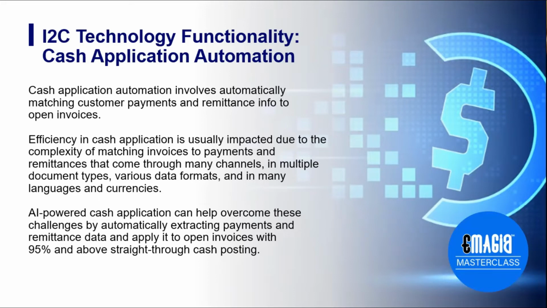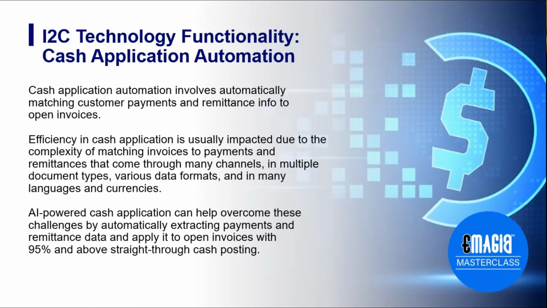And right now, technology is really good at taking customer remittances and being able to read them. Remember, they all come in different formats, forms and modes and things like that.